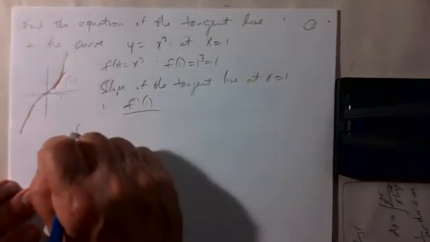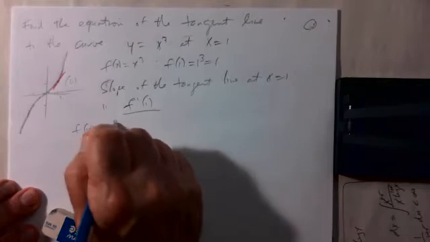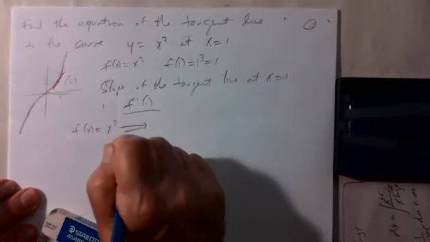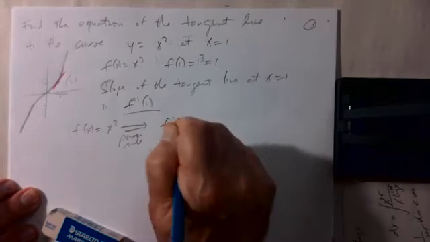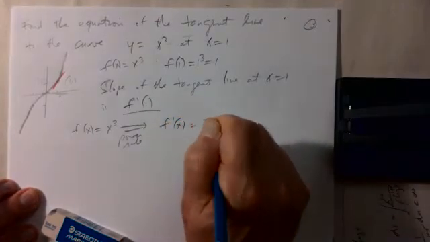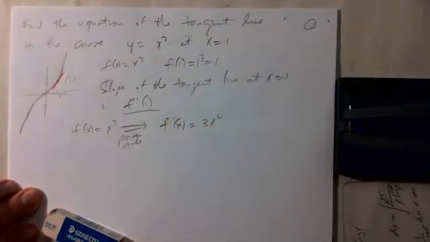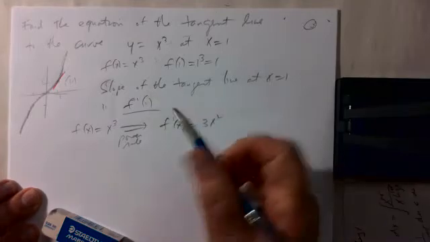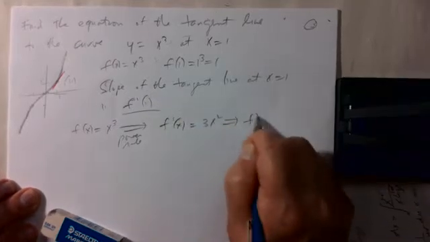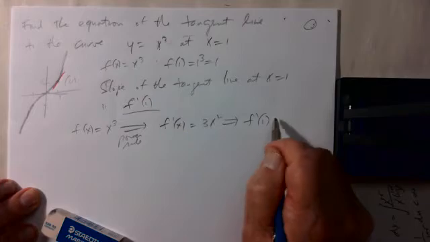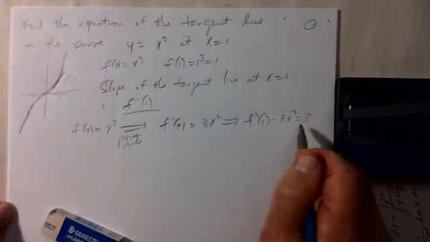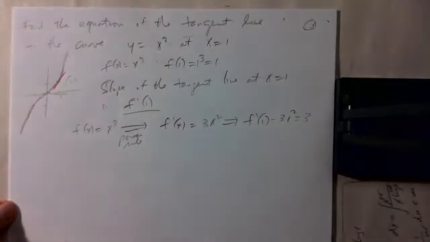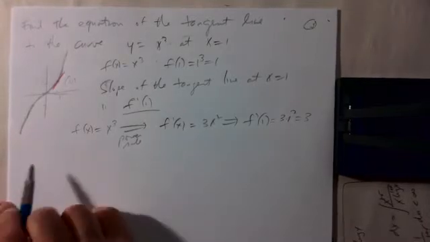Well, if f of x equals x cubed, by the power rule, f prime of x is 3x squared. So when x is equal to 1, the derivative evaluated at 1 is 3 times 1 squared, or 3. So the slope of the tangent line is 3.